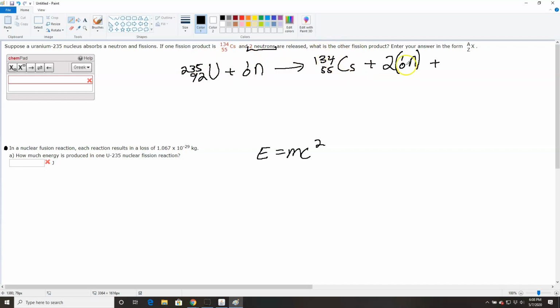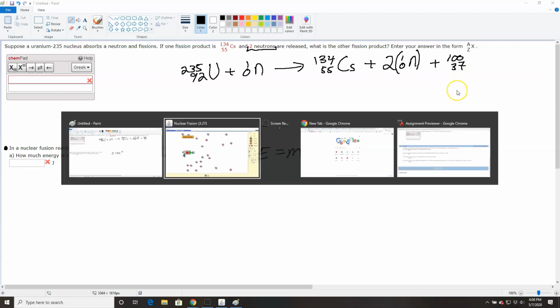So I got 134. This takes me to 136, so we'll go 100. And then 92 and 0 is 92. So 55 plus 0 plus what would be 92. So 92 minus 55 would be 37. And I'm looking for the 37th element.